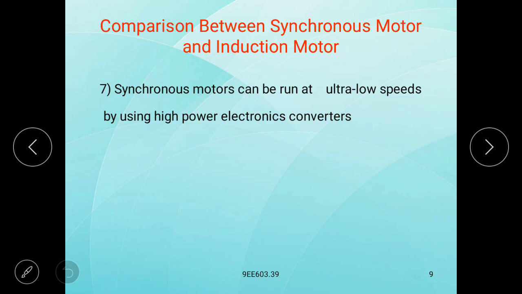Synchronous motors can be run at ultra low speeds by using high power electronics converters, which generate very low frequency.